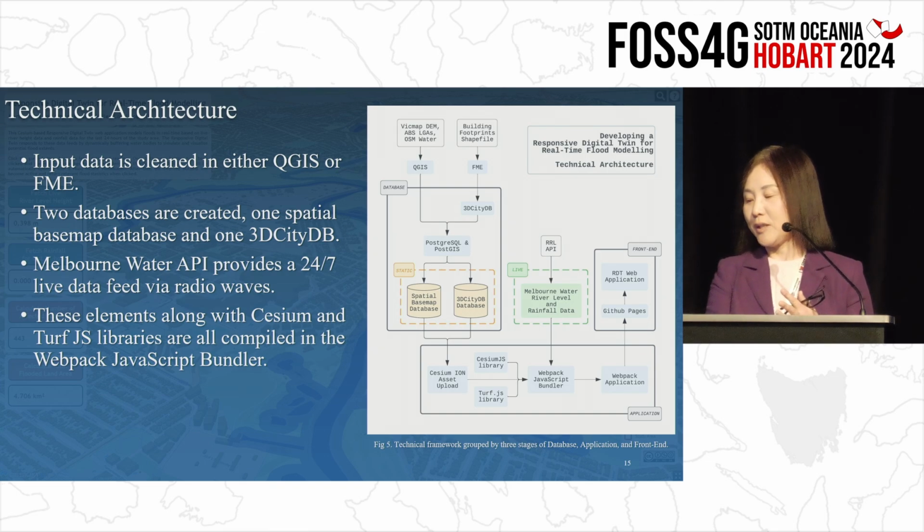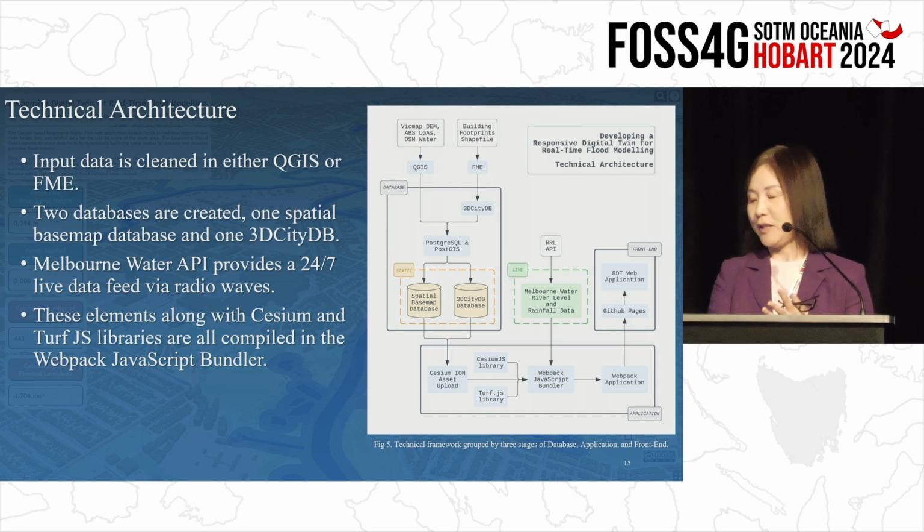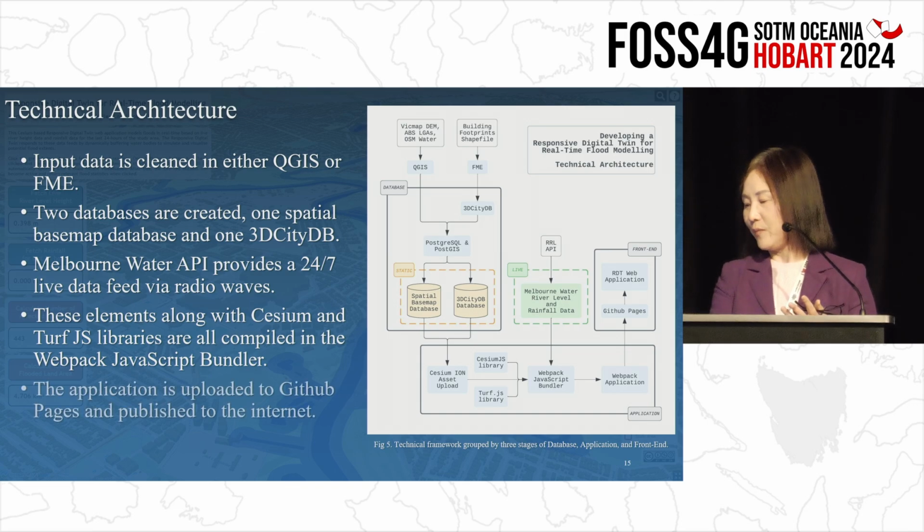And we access the mapping water API, which provides 24/7 live data via radio waves. Finally, all these elements are put into the system platform, and we use TurfJS to calculate the flood extent, disseminate the interface and publish it on GitHub.